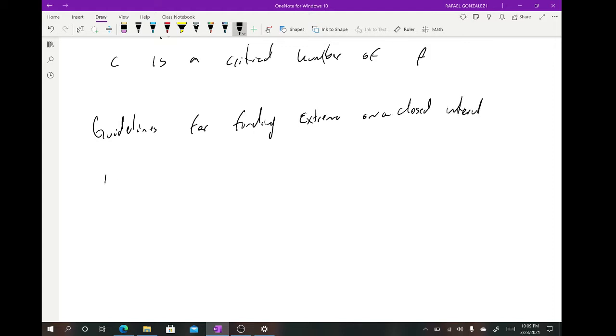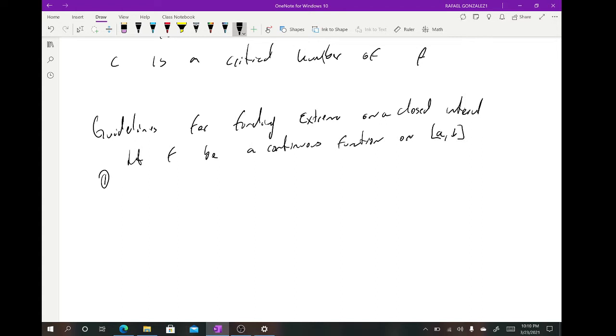So to find extrema, let f be a function that is continuous on a closed interval [a, b].